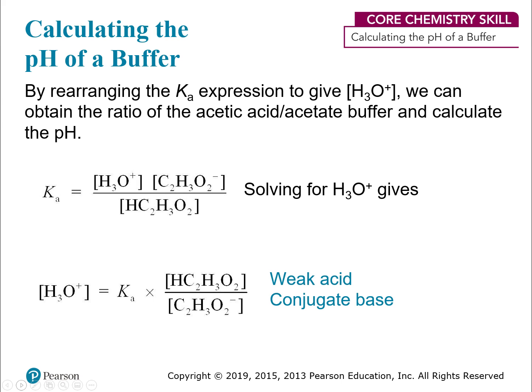We can get the ratio of acetic acid to the acetate by solving for hydronium. So if we rearrange the dissociation expression, we can figure out how to calculate a ratio for our buffer. Remember, these are the molar concentrations.